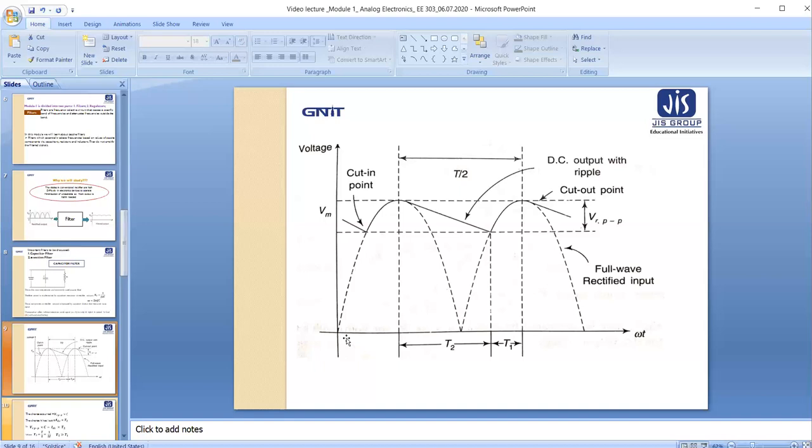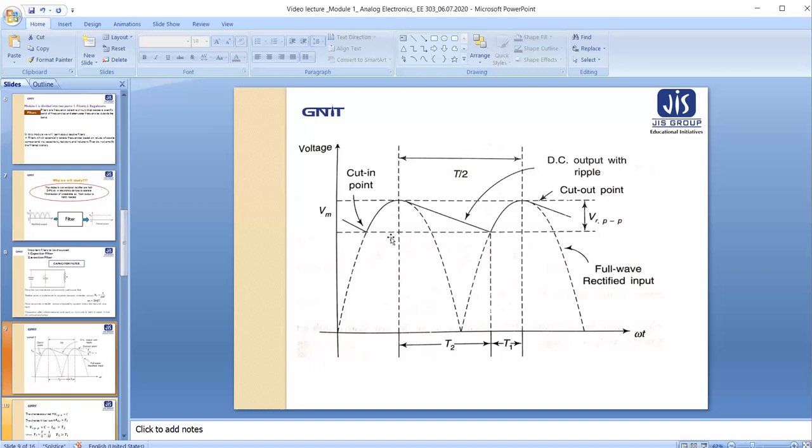The second option means we will design the circuit in such a way that the capacitor discharges slowly, so that during its discharge, another cycle will appear and the capacitor will again start charging.